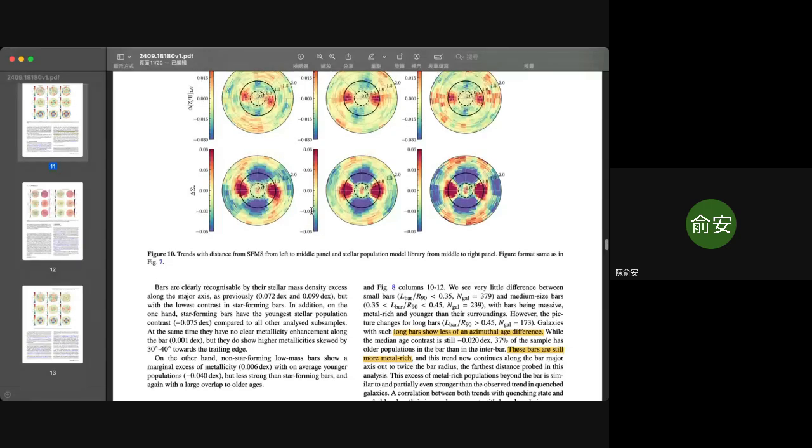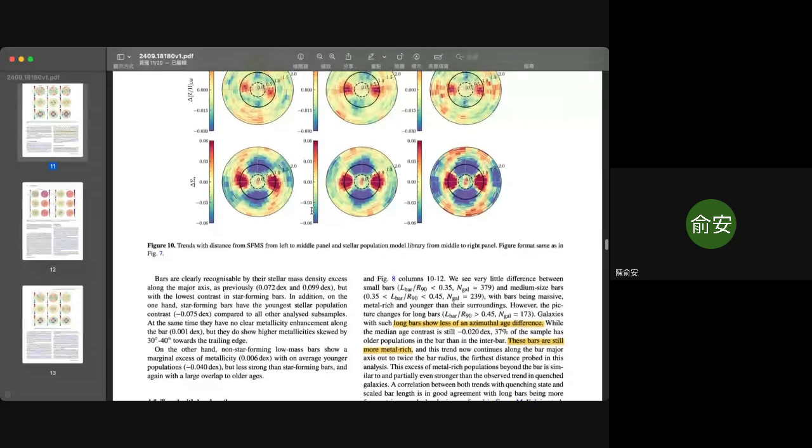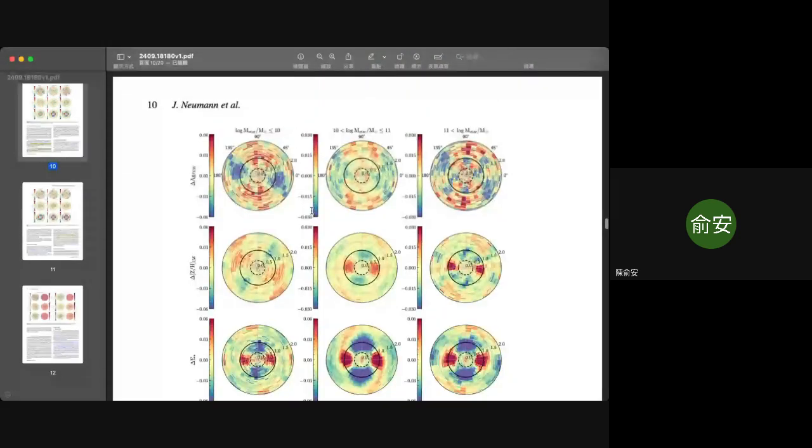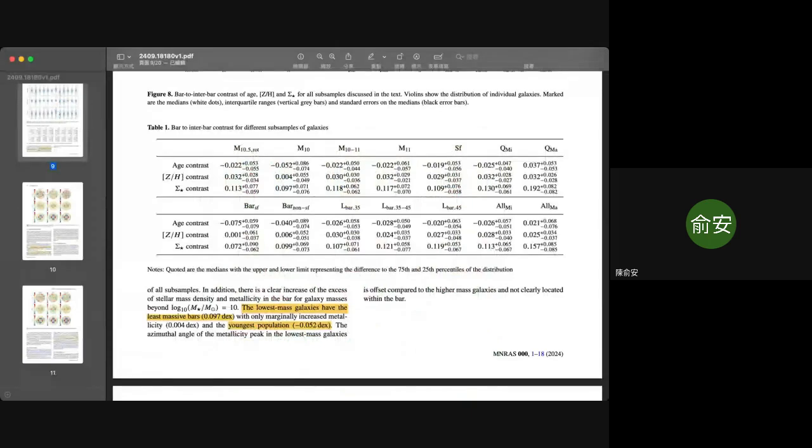I'm not quite sure how they process it. They just remove things that are not face-on. If it's inclined, there's no point. You can do that because they still have 1,000 galaxies after this.